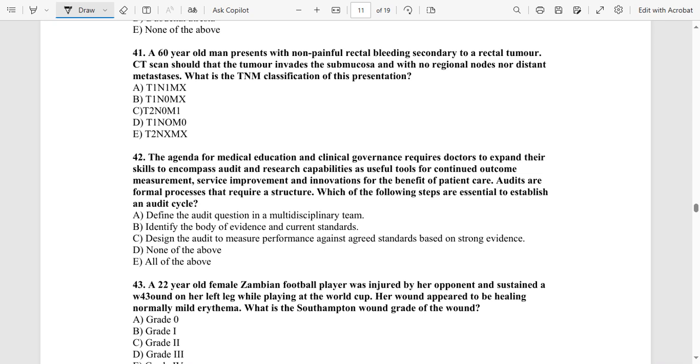Thank you. So just maybe something to review. What's important is the metastasis. We know if there's no metastasis, that is zero, and if there is, it is one. For the nodes, you look at how many nodes have been involved. For the tumor, which is T, if the tumor cannot be evaluated you put TX.